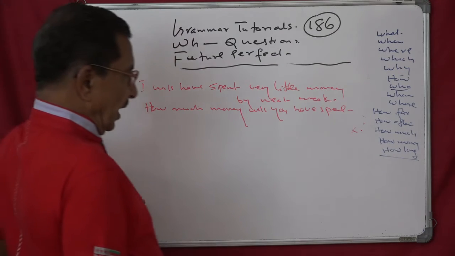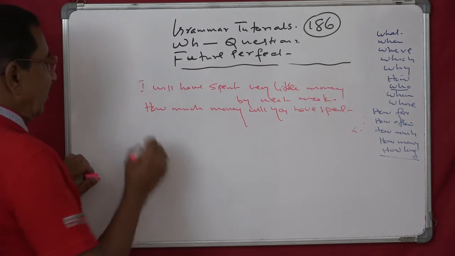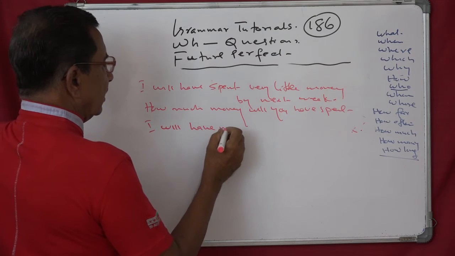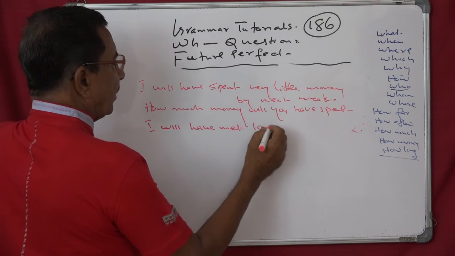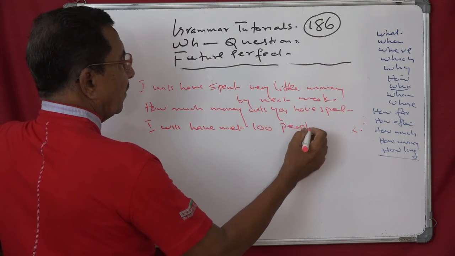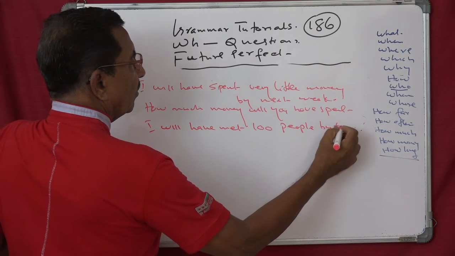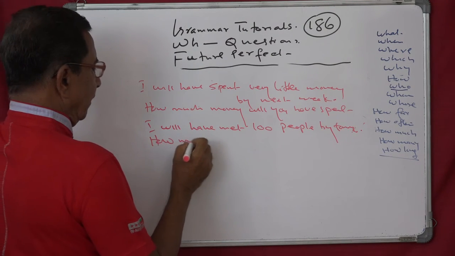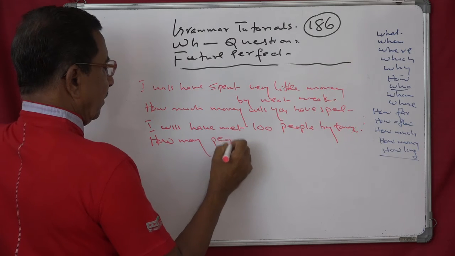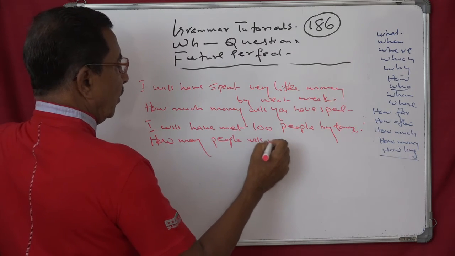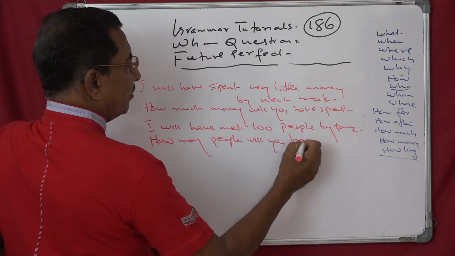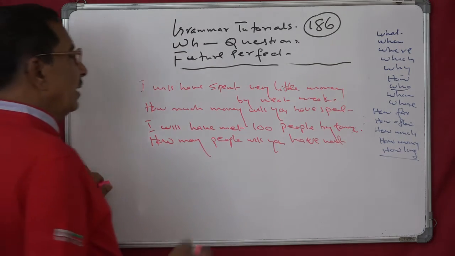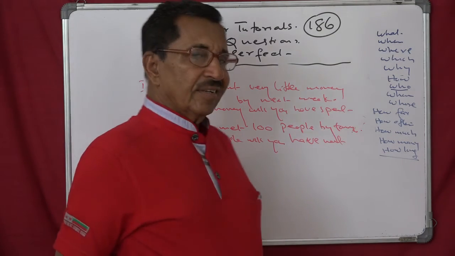That's simple. How many? I will have met 100 people by tomorrow. You can say, how many people will you have met? How many people will you have met by tomorrow? Say this.